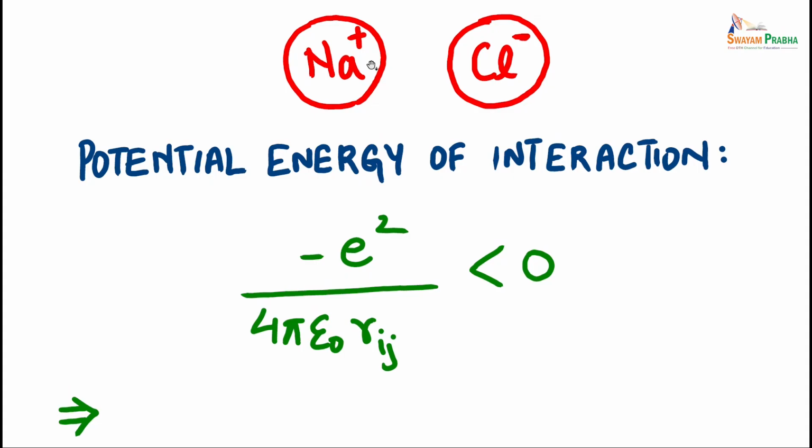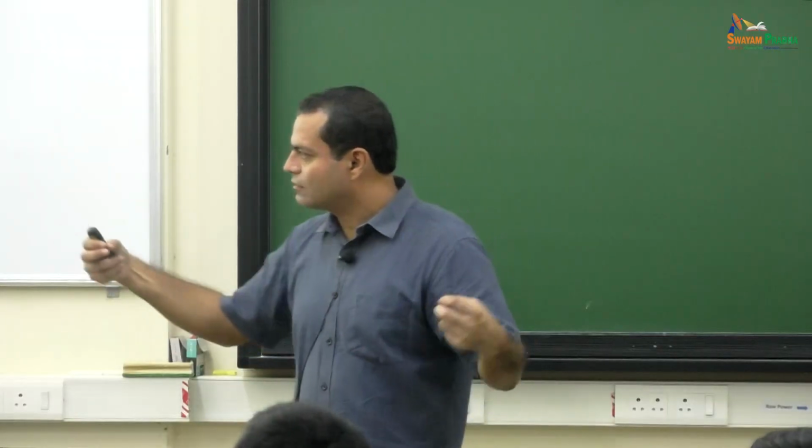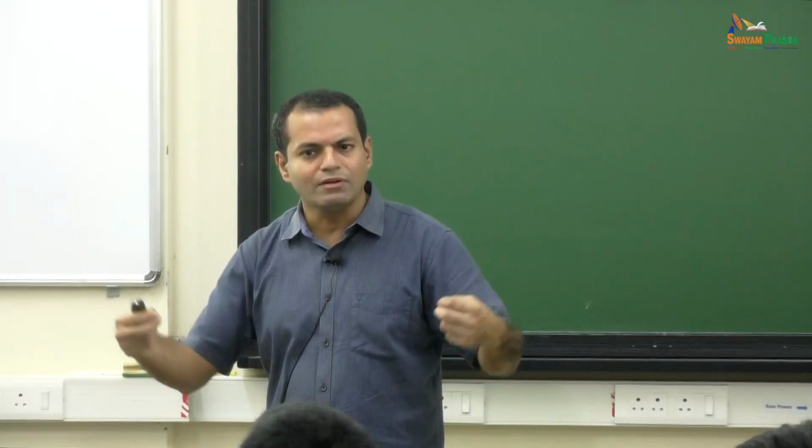Now if you look at Na plus and Cl minus, actually we will do the calculation for a crystal, but now we will just do it for one Na plus and one Cl minus. Then the potential energy of interaction is less than 0. If you bring them closer, it becomes even more negative.